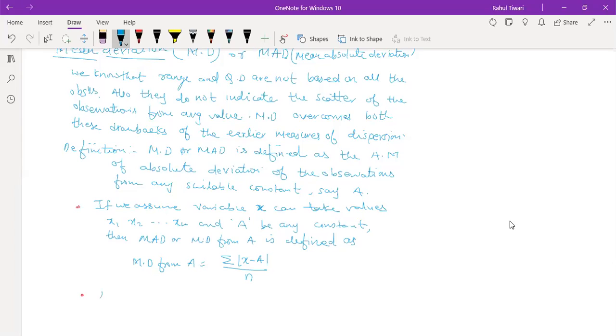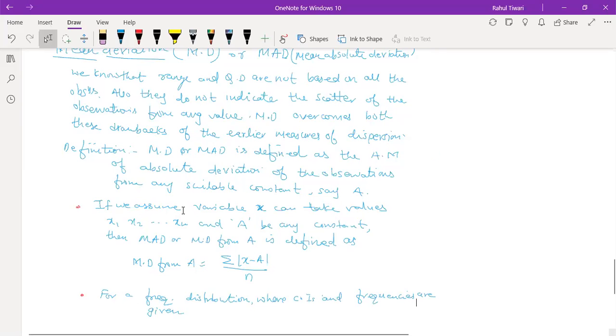So if we assume a frequency distribution where class intervals and frequencies are given, in that scenario, how to define it?